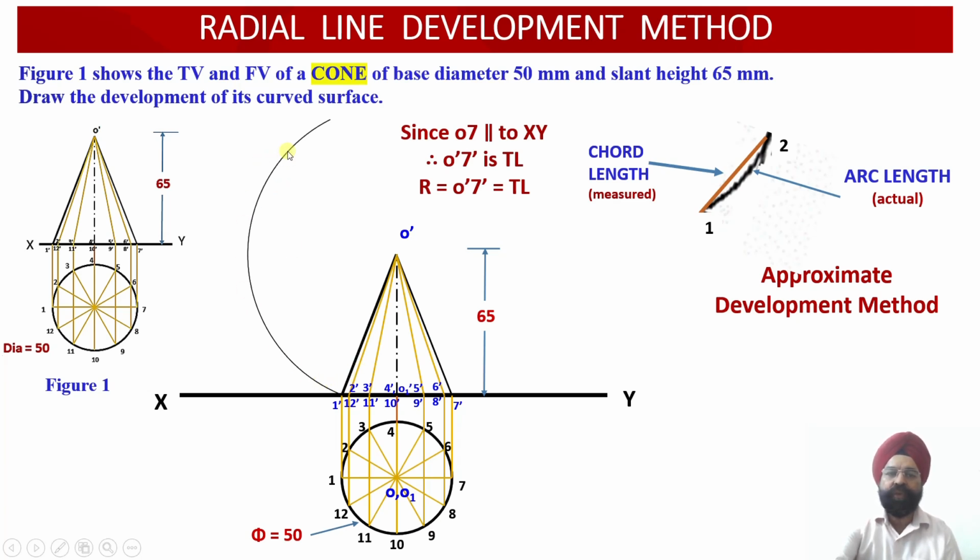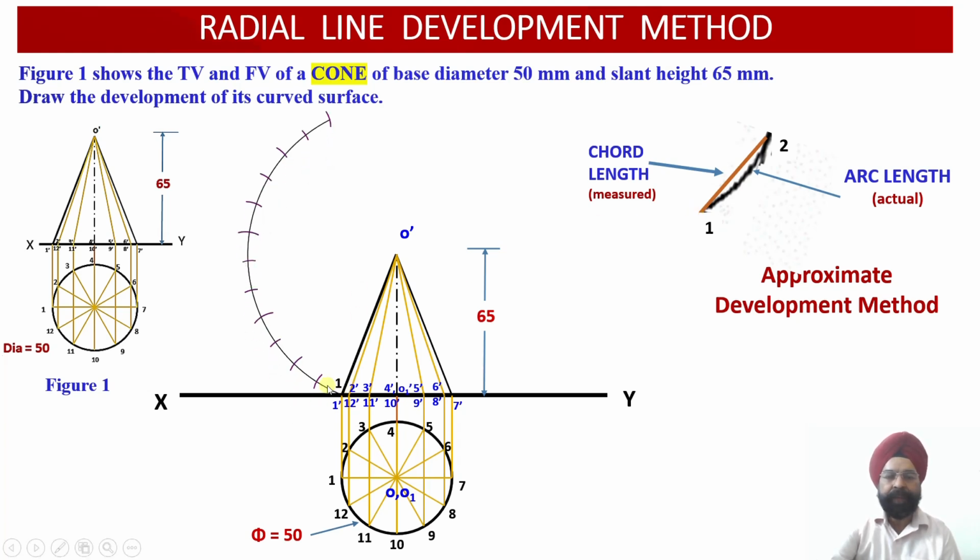All the 12 sectors of this circumference of the circle have to be plotted over here. Ideally I should have plotted the arc length, but as I have told you, I am going to put forward only the chord length because of the limitations of manual drafting. So please see, now the 12 arcs I am going to draw.